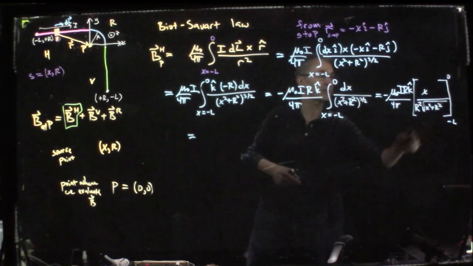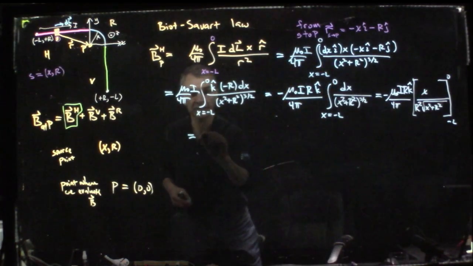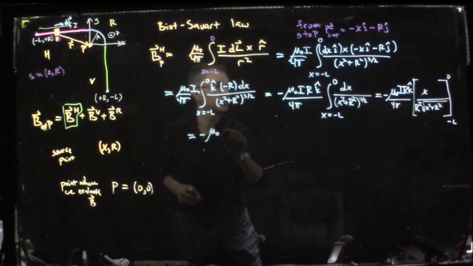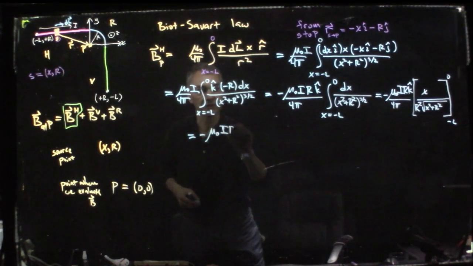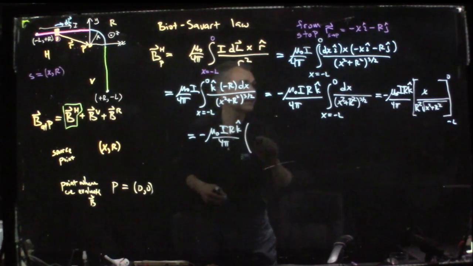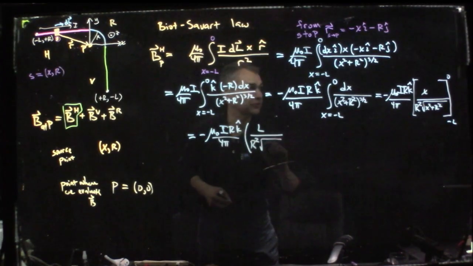So we're subtracting a negative, so that gives us a positive. So here's minus mu naught I r k hat over 4 pi, and then this is L over r squared times the square root of L squared plus r squared.